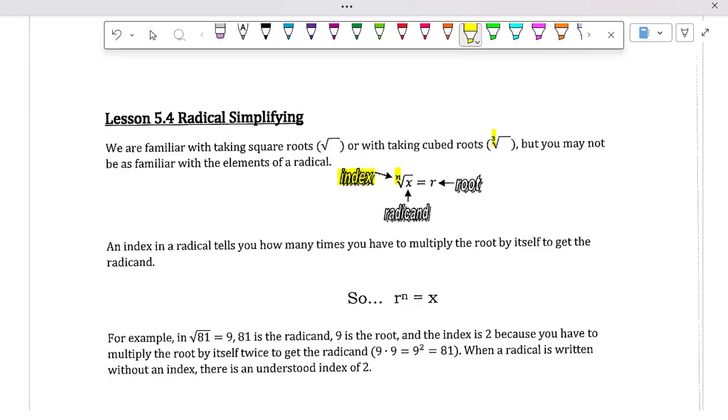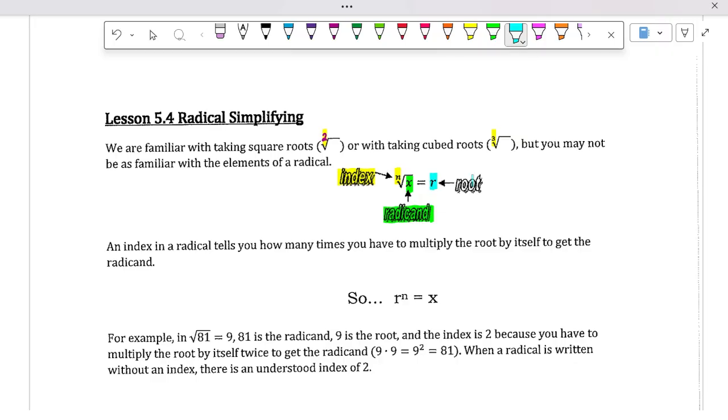A square root has an invisible 2 right here. Typically, there's an unspoken 2 for a square root, but it's so common that they don't even bother writing the 2. Now, the radicand is the number or value underneath the radical.